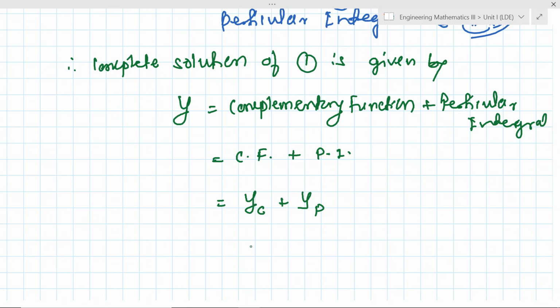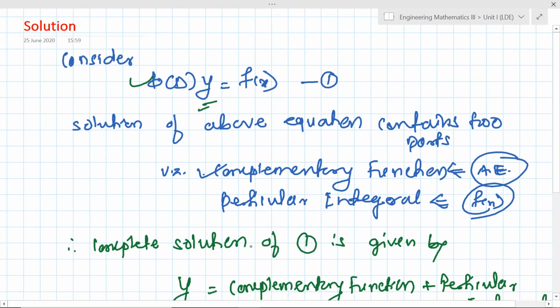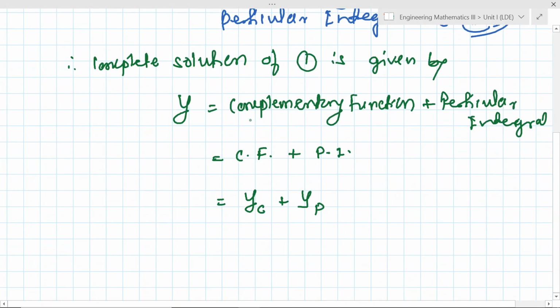Moreover, in online exams they particularly ask what is the complementary function of this equation, or what is the particular integral of this equation. But one more thing: if f(x) is 0, that is, if there is 0 on the right hand side instead of f(x), then the complementary function is our complete solution. There is no yp in that case.